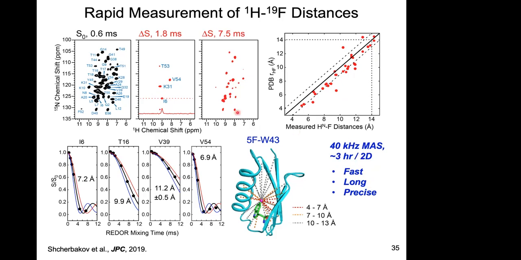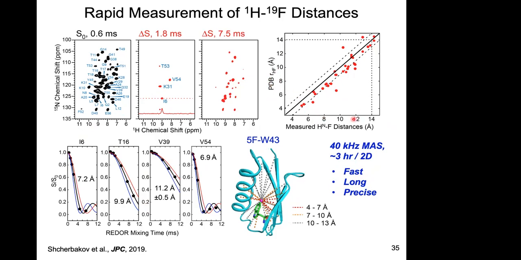And so you see if you have a REDOR curve as mapped by about 6 or 7 data points, then you get 14 experiments because each data point requires S0 and S, right? So even with 12 or 14 experiments, with 3 hours, you can finish it in 3 days, right? So it's a pretty good and very high sensitivity and precise experiment. How well do we compare with the true distance?